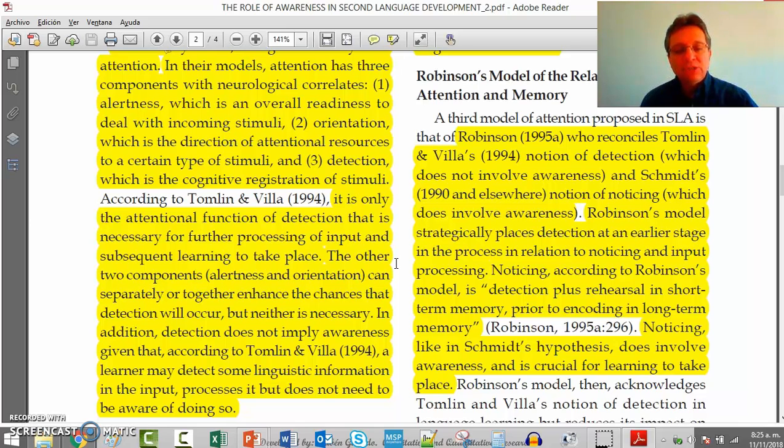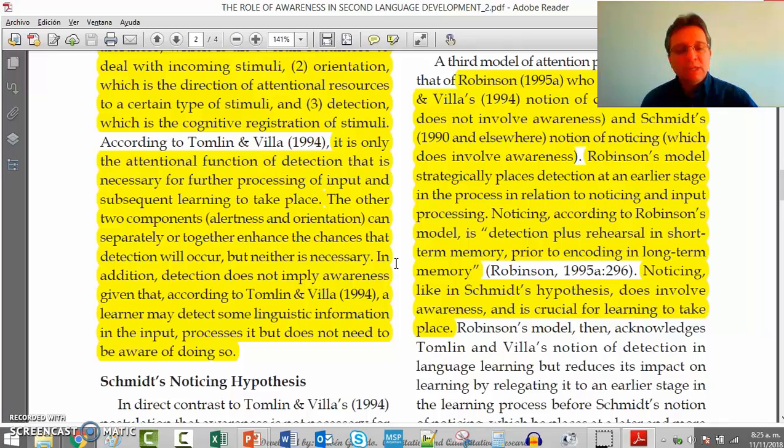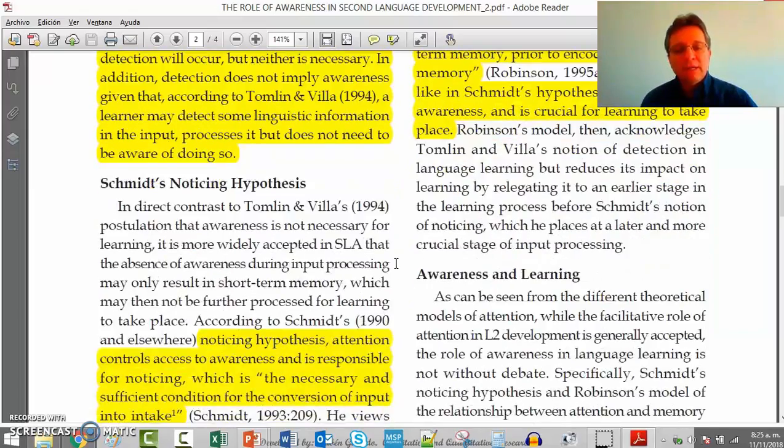In addition, detection does not imply awareness, given that, according to Tomlin and Villa, a learner may detect some linguistic information in the input, but does not need to be aware of doing so. Okay, let's take a look at the second one.